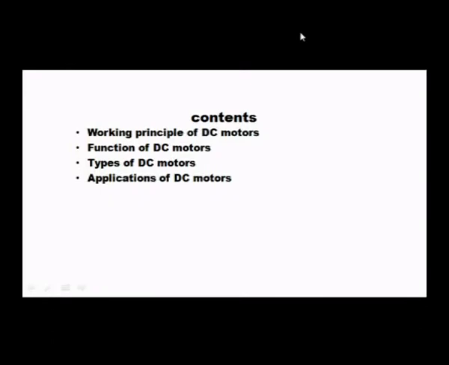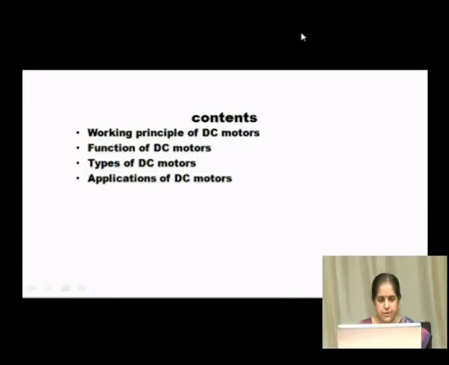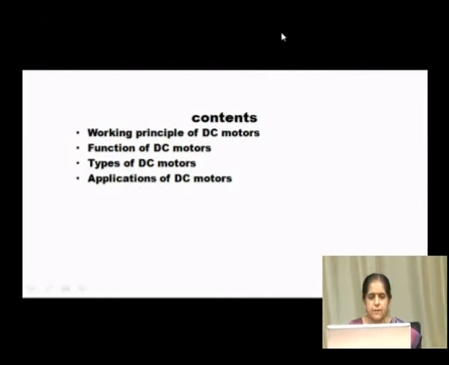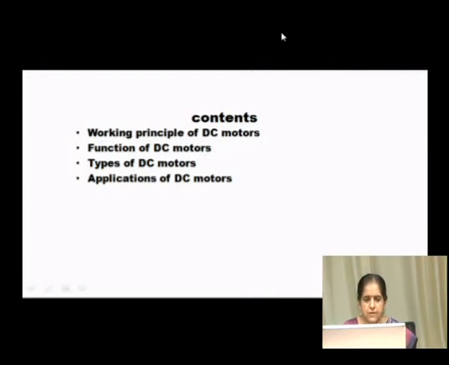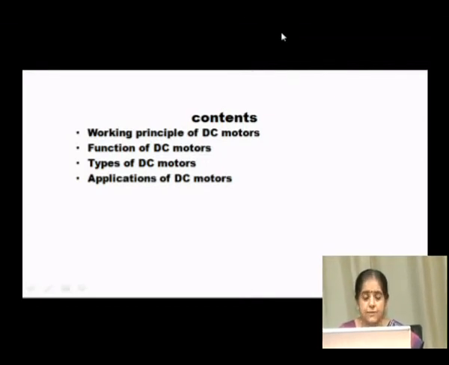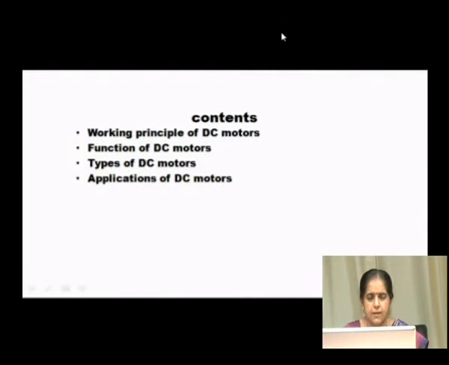In this session, let us discuss the different aspects of this motor. The contents are the working principle of DC motor, the function of DC motors, the different types of DC motors, and the applications of DC motor.